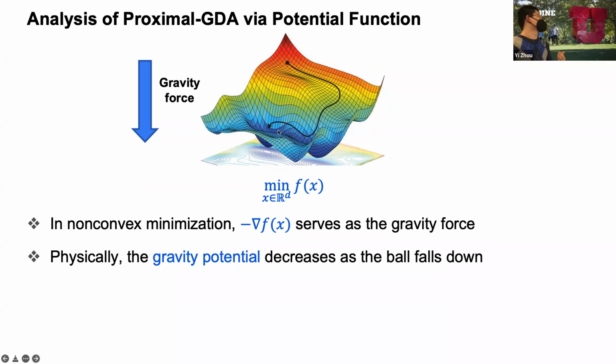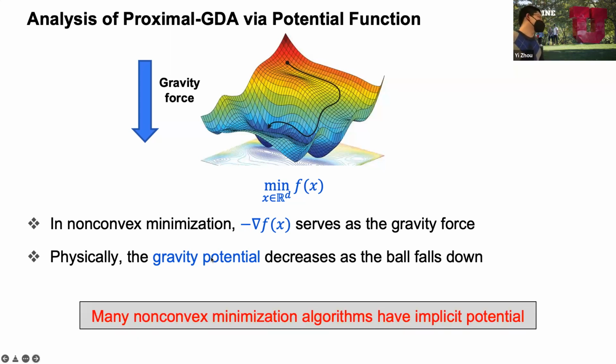In this visualization, the negative gradient serves as the gravity force that drives the model down the landscape to where the energy is lower. Physically, we know that as this point goes lower, the gravity potential will decrease.